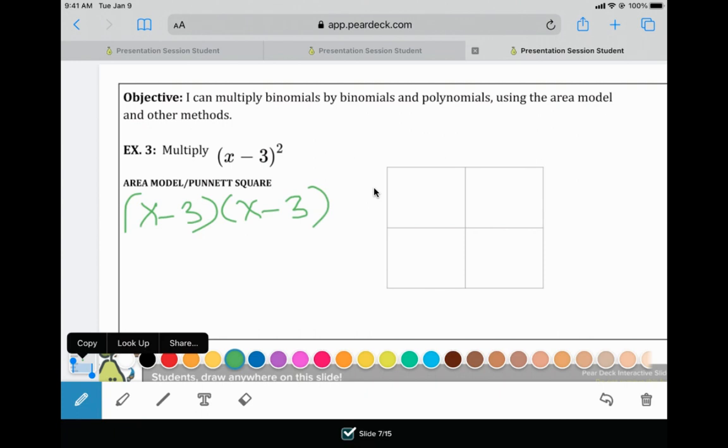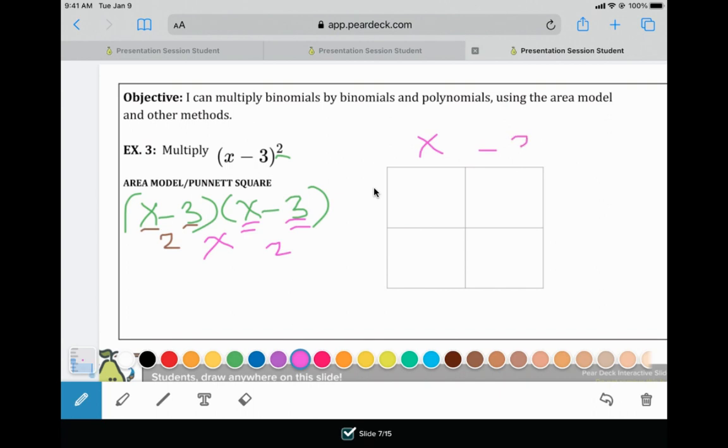So this power tells you, this is 2 by 2 again, it's still a 2 by 2. That's why I have a box of 4. So x minus 3, x minus 3.